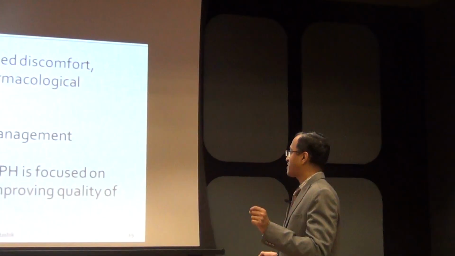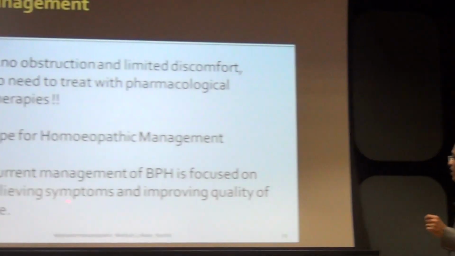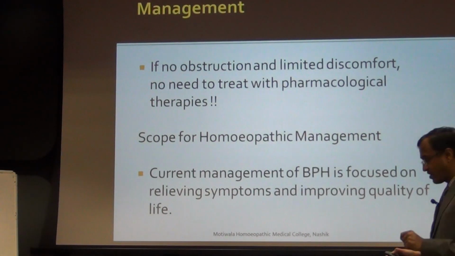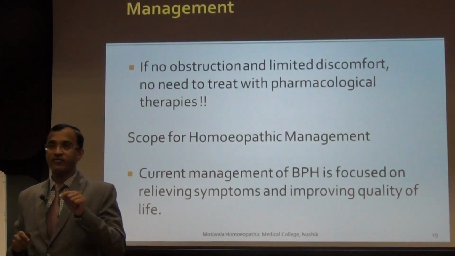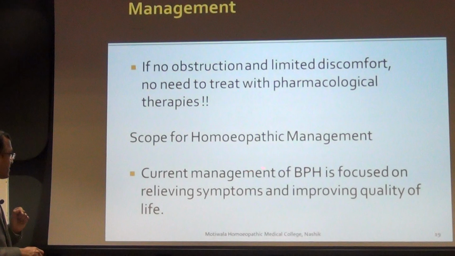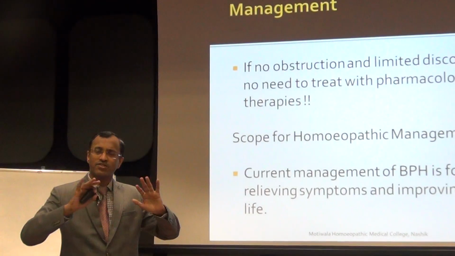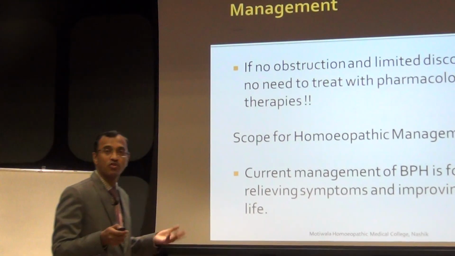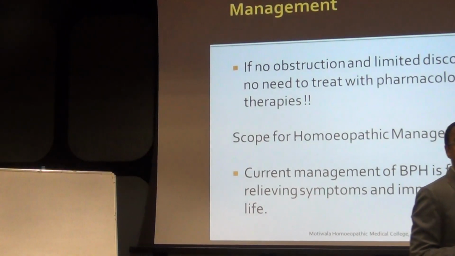The current management of benign prostatic hypertrophy is focused on relieving the symptoms and improving the quality of life. Now you have to underline this statement. Here we are talking about management that focuses just on getting rid of symptoms and improving the quality of life, and they are not asking to go and get it operated.